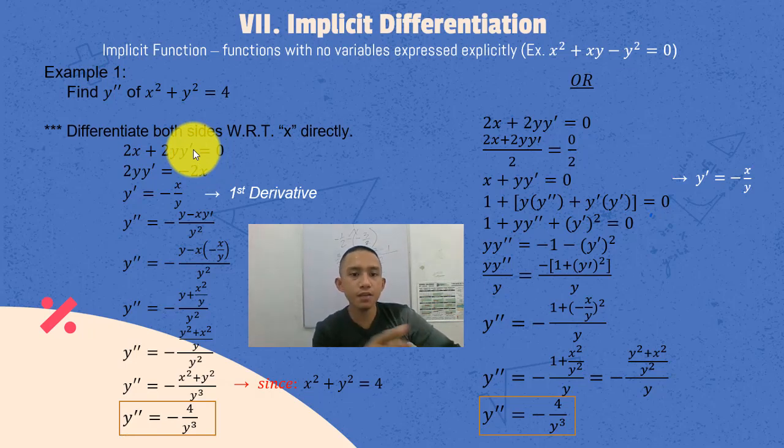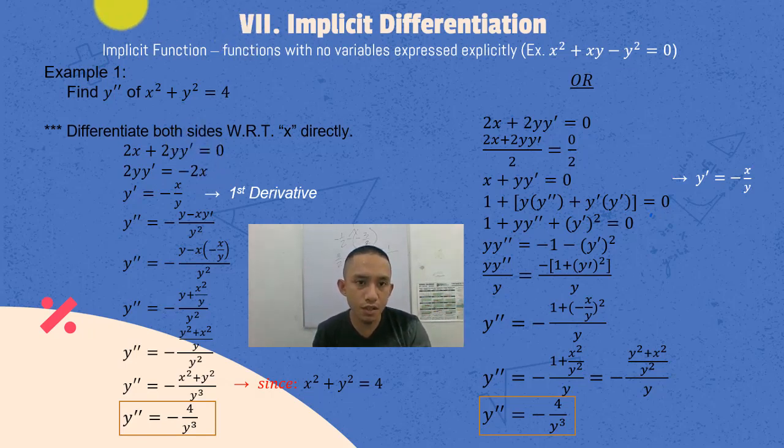In my example a while ago in the last slide, I just proceeded because y prime was separated on the other side, so I differentiated again. But this time, as you can see, y prime is not separated. It is in between your long equation.